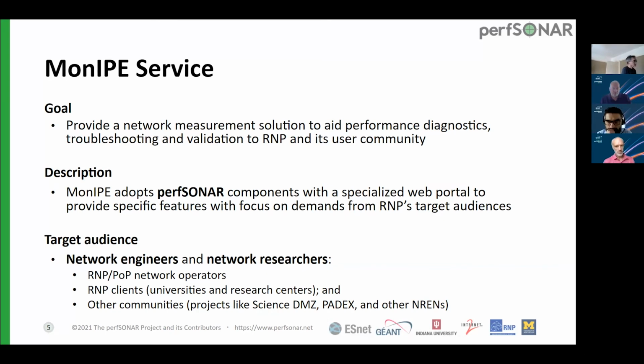Our target audience are network engineers and network researchers, some network operators, some universities and researchers, and also some projects for high throughput transfers and for some specific needs.